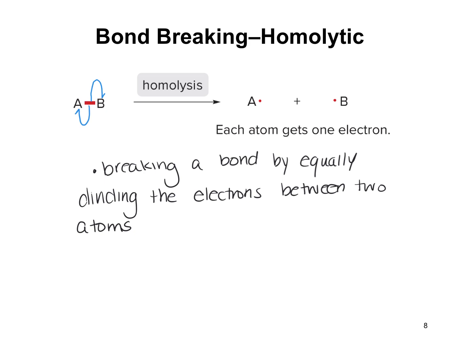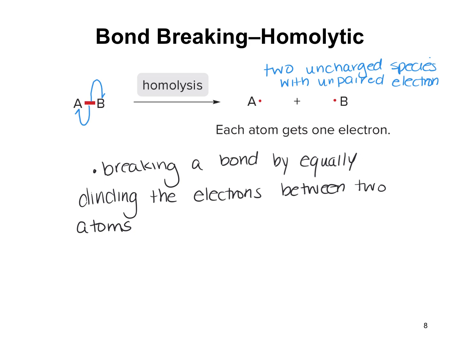Homolysis generates two uncharged species with unpaired electrons.